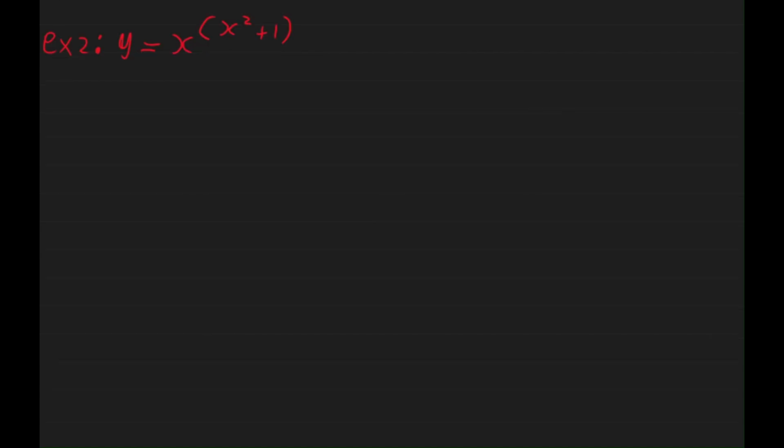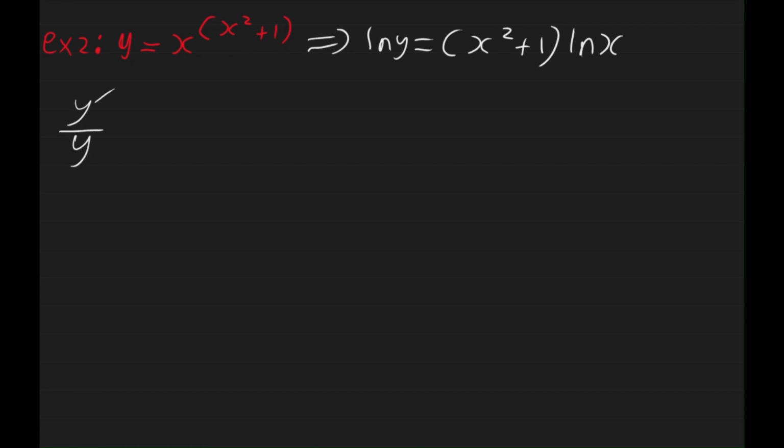Another example on a variable power to a variable. You have y equals x power 2 plus 1. We are going to ln both sides. This is powered, you can put it down when you're going to ln. So that plus 1 ln x. Now you can differentiate both sides by saying y dash over y.